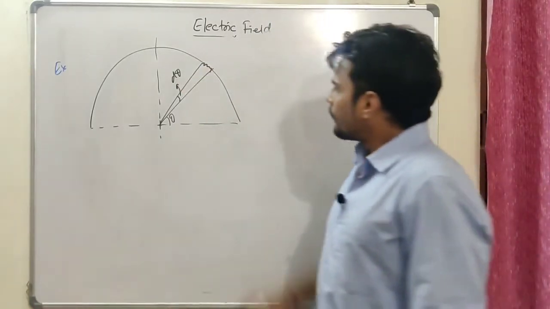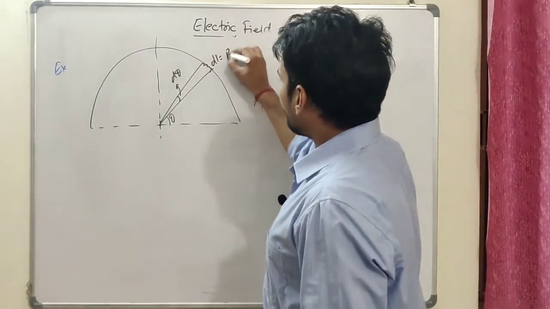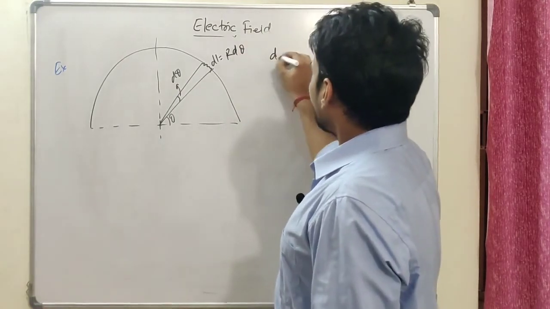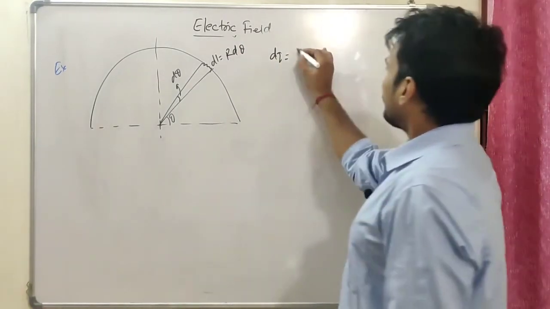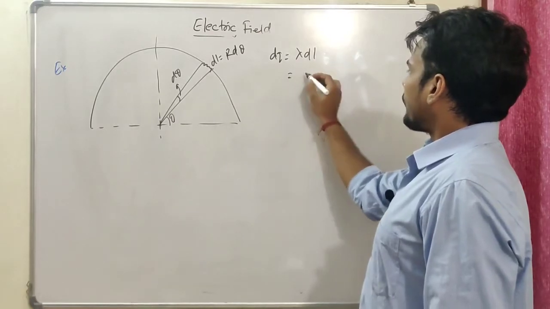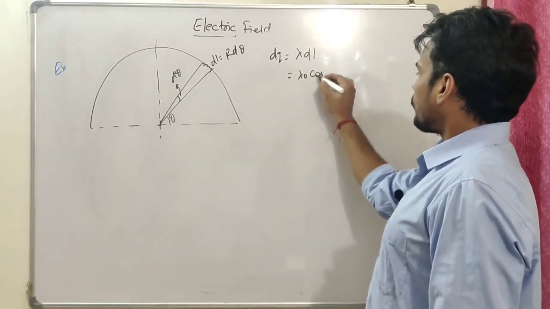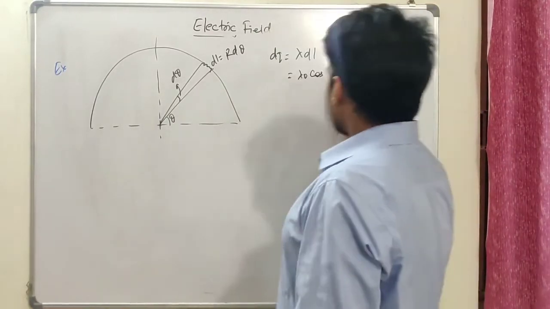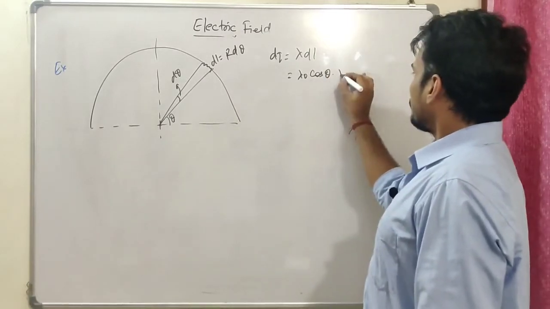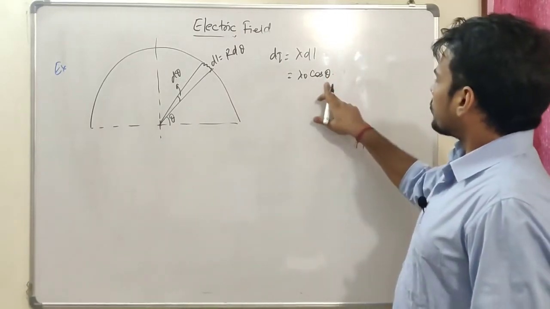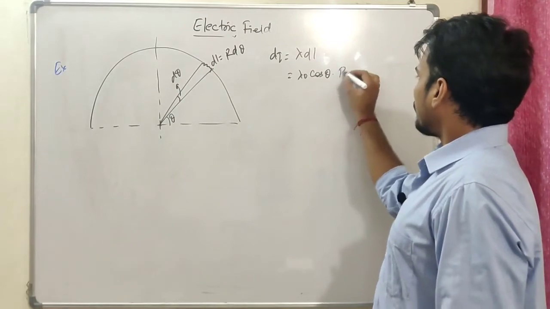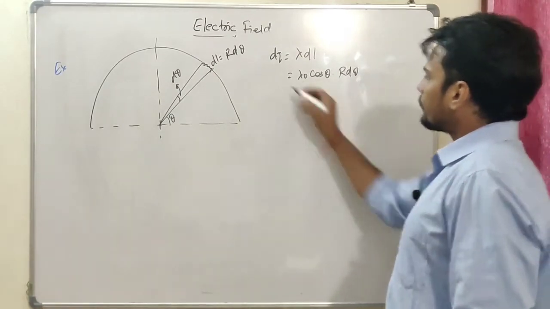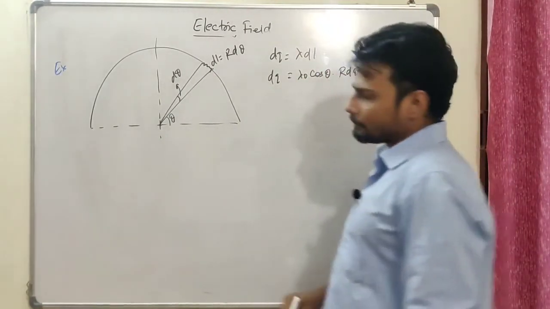This length dl is r dθ, and dq will be λ times dl. Lambda is λ0 cos θ, and dl is r dθ. That's going to be my small charge.